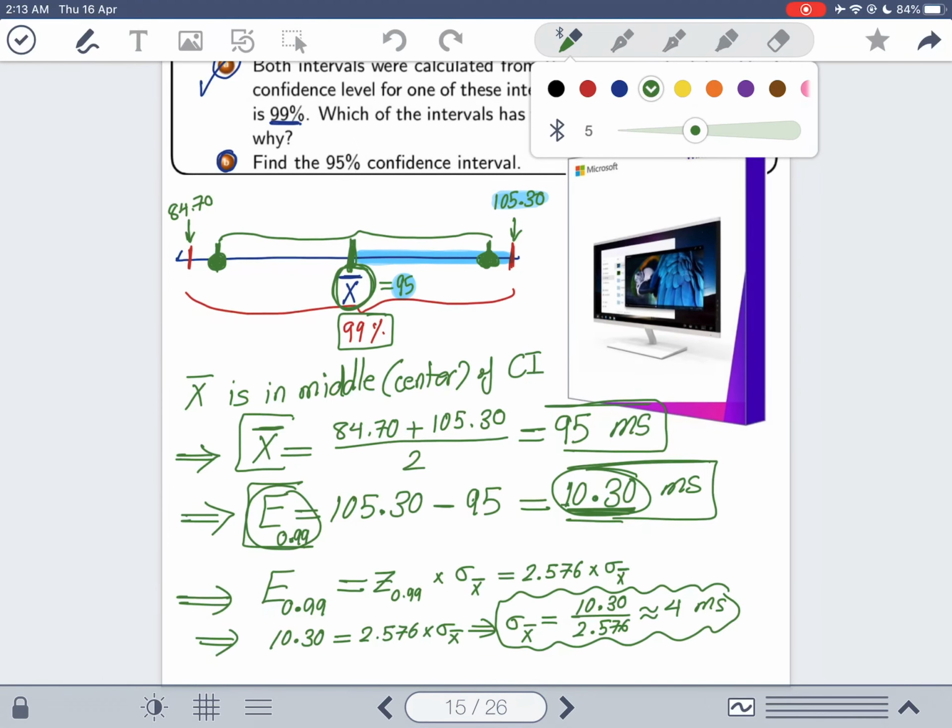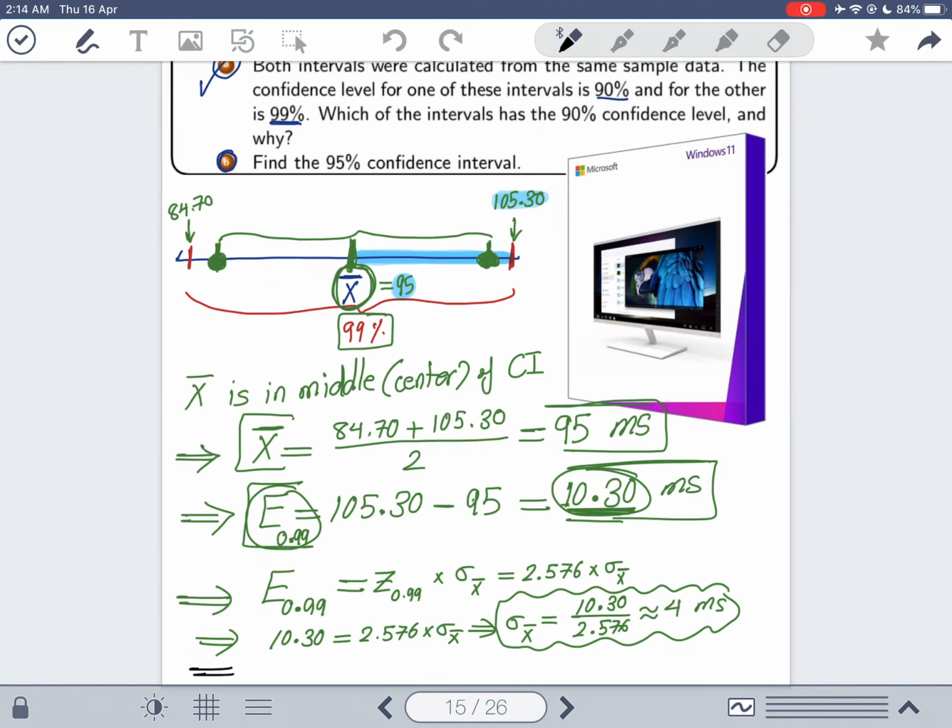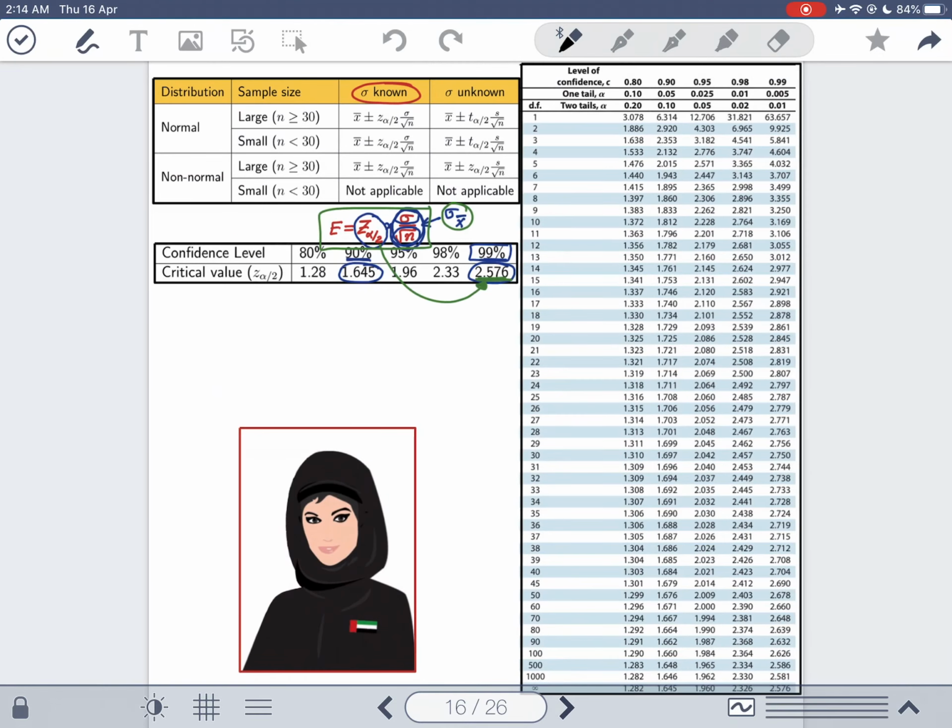find the margin of error for 95% confidence. This is Z sub 95, which is Z sub c, the critical value, times sigma x bar. We know this Z sub 0.95 is here.